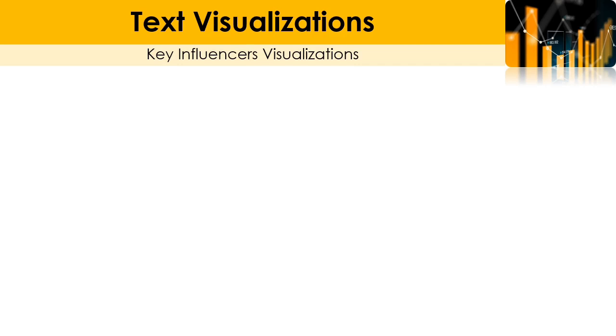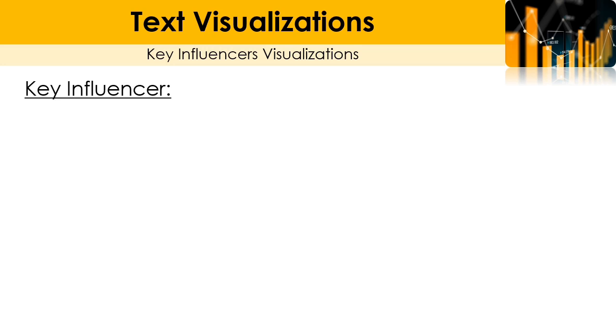Key influencer visualizations. You may also remember that through data modeling, Gary's team discovered the initial sales increase was related to a surge of college-aged buyers attending a new satellite campus in the region. This is called a key influencer, another fundamental BI analytics value.